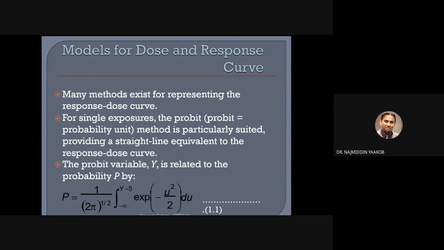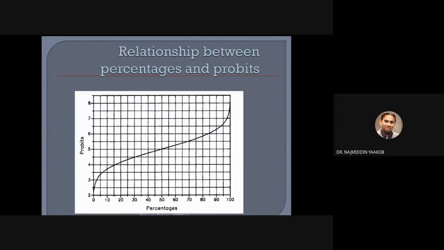The main thing is you can develop the Probit variable, called Y, related to the probability P. Or we can simplify by using this curve, probability versus percentage. If you have the probability, you can calculate how much of the percentage of the probits is going to happen.